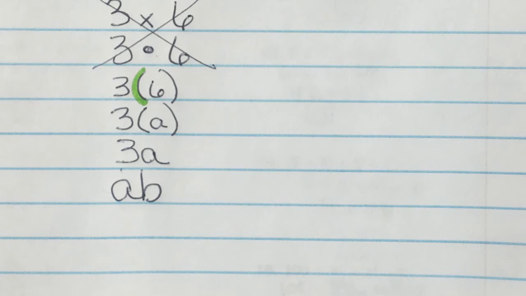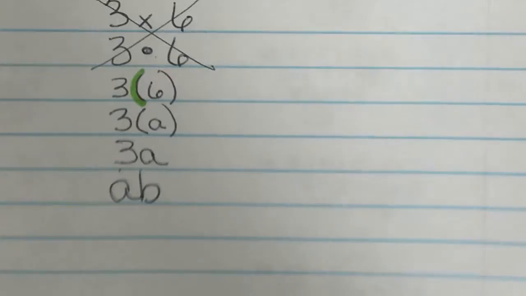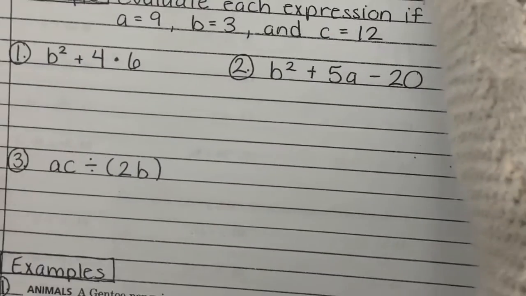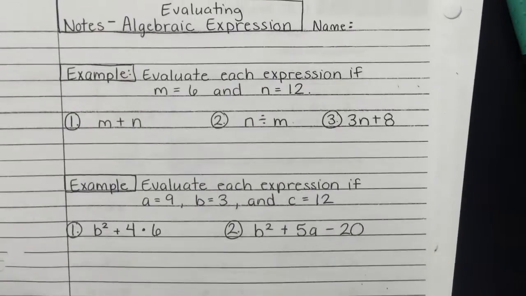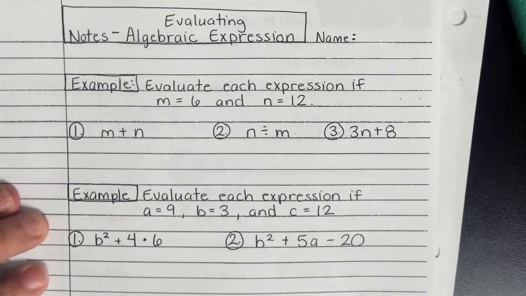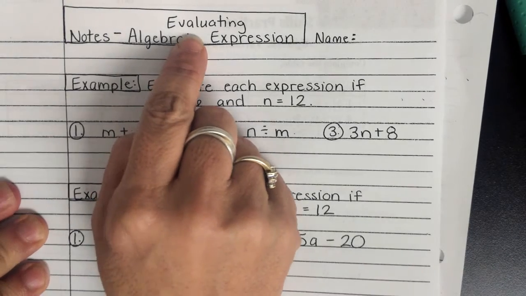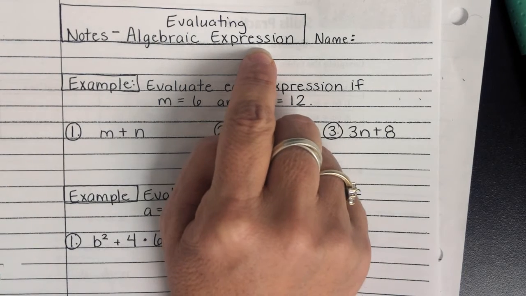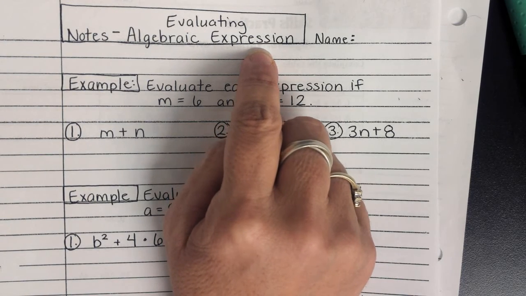If you don't read the directions, you're going to end up using the wrong number for the wrong letter. Okay, so our notes today: evaluating, meaning figuring out the answers to algebraic expressions. Listen, no equal signs. No equal signs.